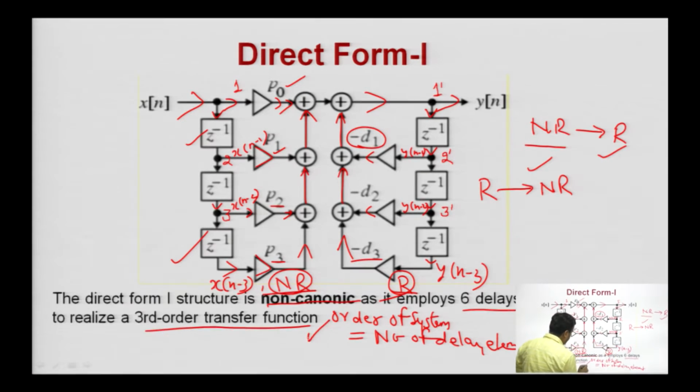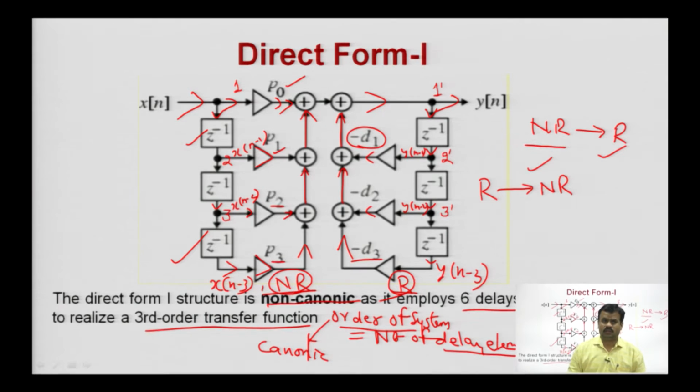So, what is the meaning of canonic? If your order of the system, here your order of system is 3, is equal to the number of delay elements that you are using to realize your system, it will be canonic, otherwise it will be non-canonic.